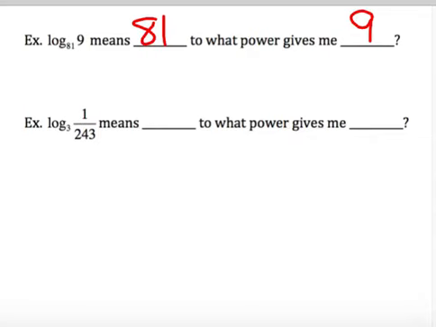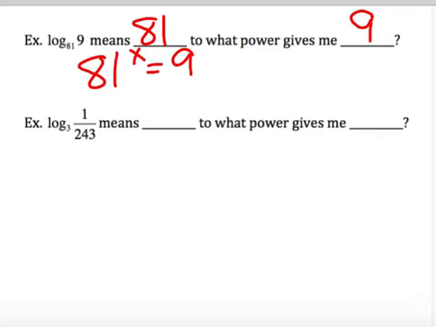I'm looking for 81 to the something, and my answer needs to be smaller. Think about how we were looking at fractional exponents last class period and how fractional exponents made the answer smaller.